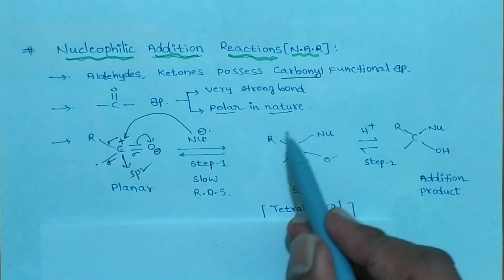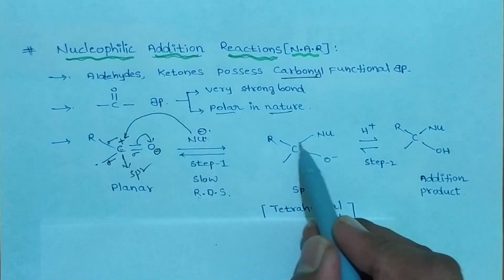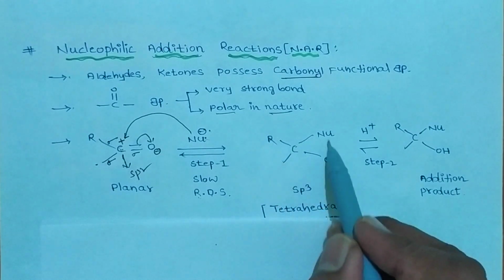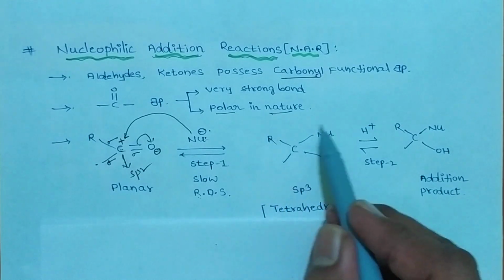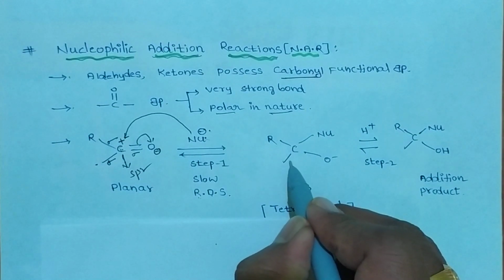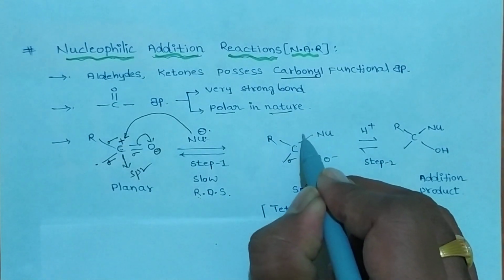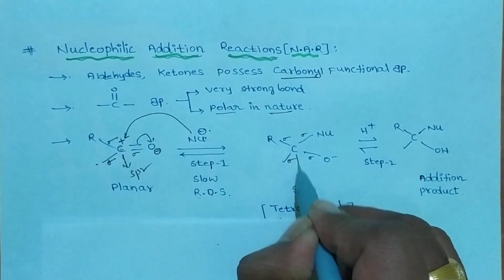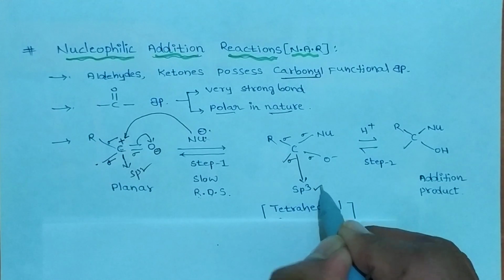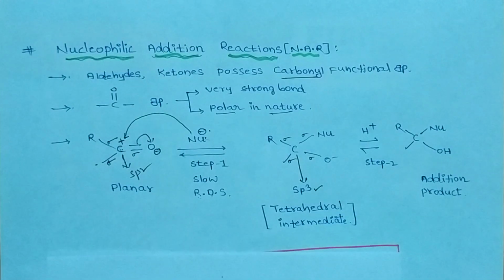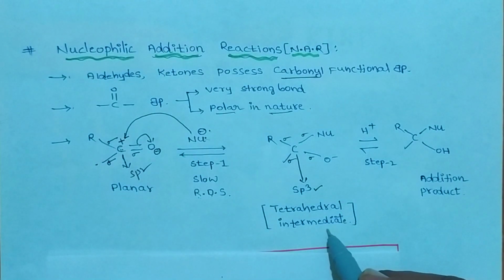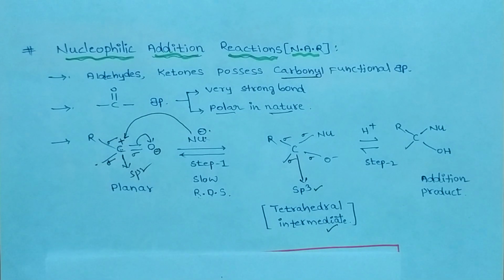Now the attack of the nucleophile happens, then we get a tetrahedral intermediate product. Around this carbon there are 4 sigma bonds present, so this carbon has sp3 hybridization, and therefore we get the tetrahedral intermediate.